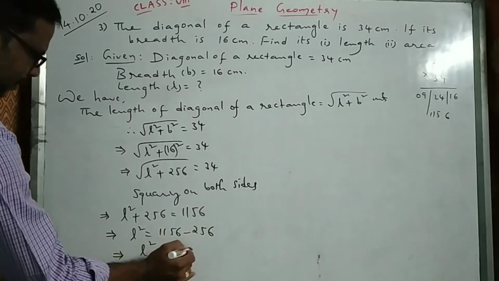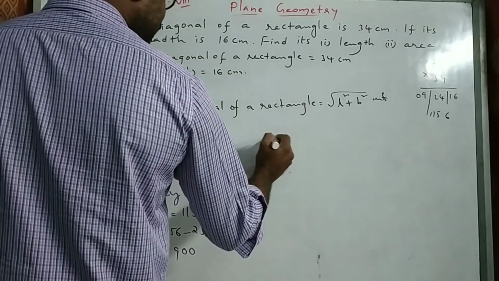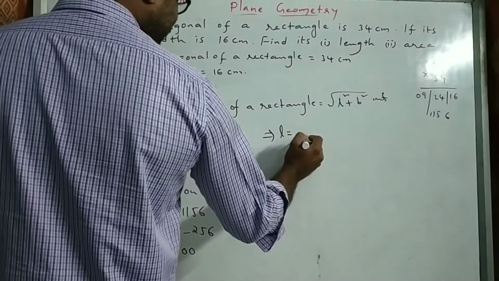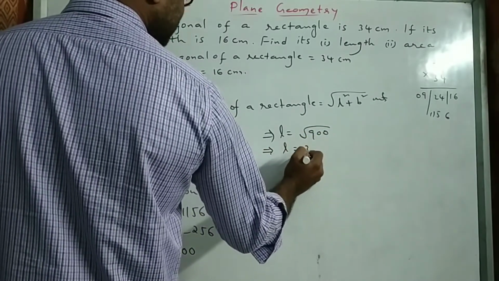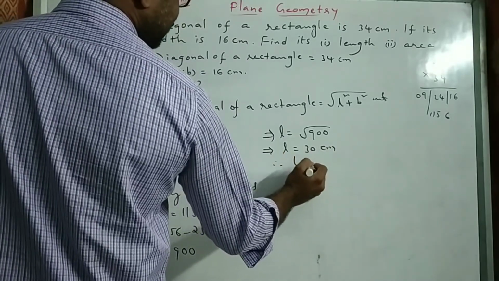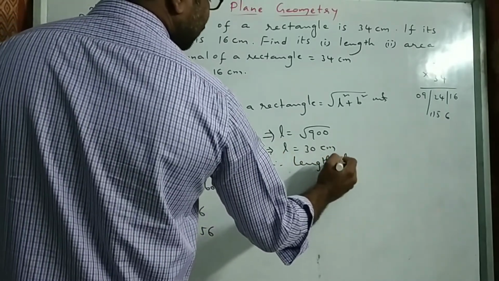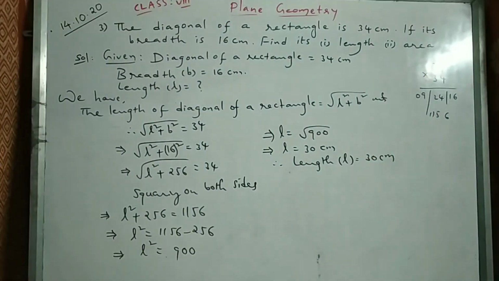L square equal to 900. So L equal to, if the square goes that side, square root. 900 square root is what? 30 cm. So what did I get length here? Length L equal to how much? 30 cm.